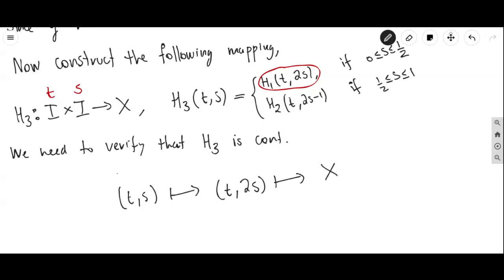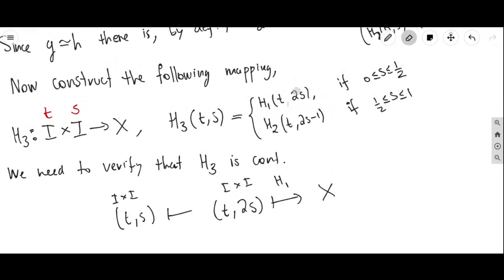So this is the mapping from I times I into I times I, where the second coordinate is being doubled. This is a continuous mapping. I'm sure we can check that, right? This is just a linear mapping on the second coordinate. And then this is what we're calling H1. So we're doing a composition. We're mapping this to this, and then we're applying H1 to that. And the composition of continuous maps is continuous. So this will mean that this upper function is continuous, and this lower function is continuous.